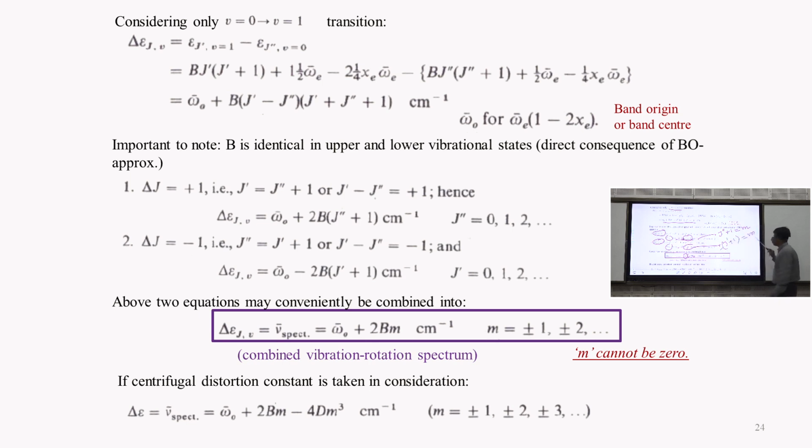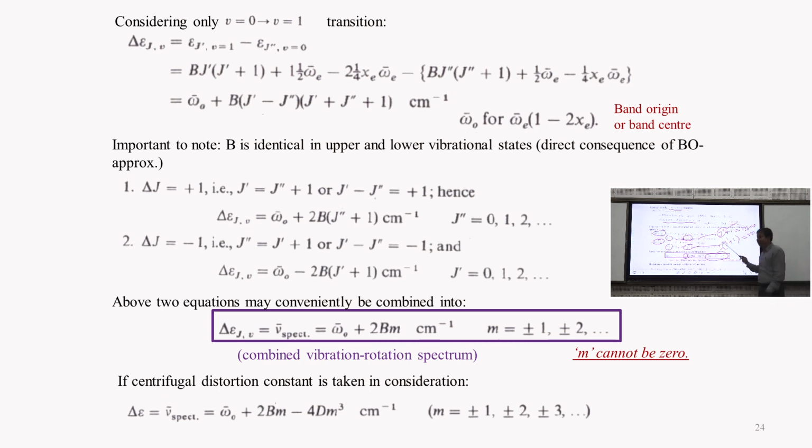So if m is this, your expression is omega 0 plus 2bm. Now m can be plus minus 1, plus minus 2, but m cannot be 0. Why can m not be 0? If m is 0 here, then J double prime, the rotational quantum number, becomes minus 1, which is not possible. So m cannot be 0.